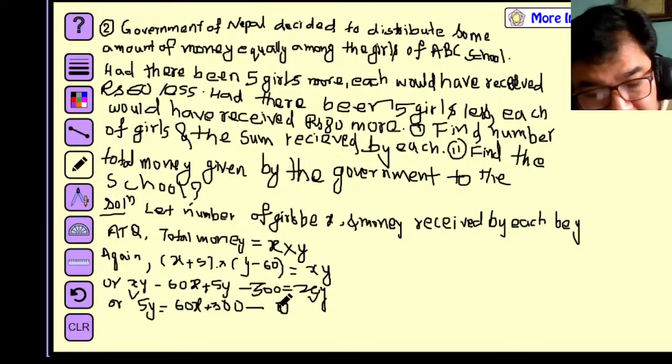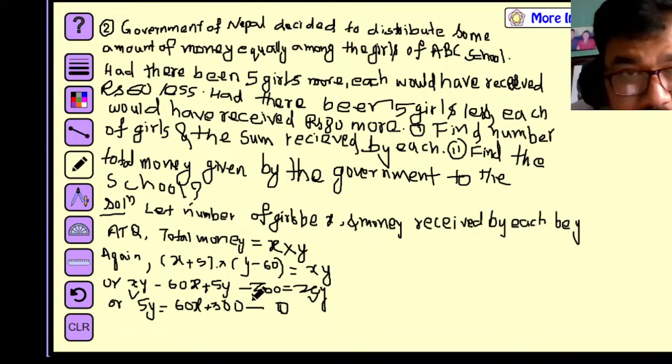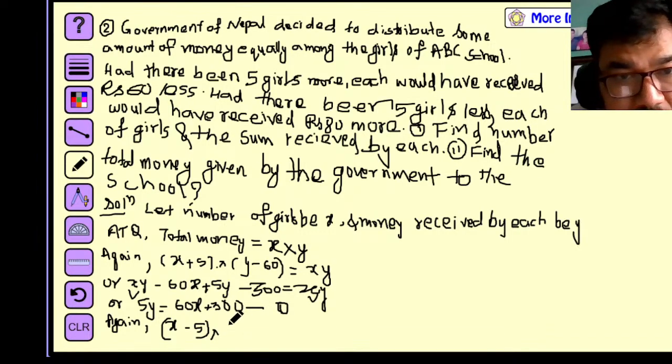Now again there is given, had there been 5 girls less. Again right here, 5 girls less means we have to subtract 5 from the number of girls, x minus 5, right? Then the money received is increased there.